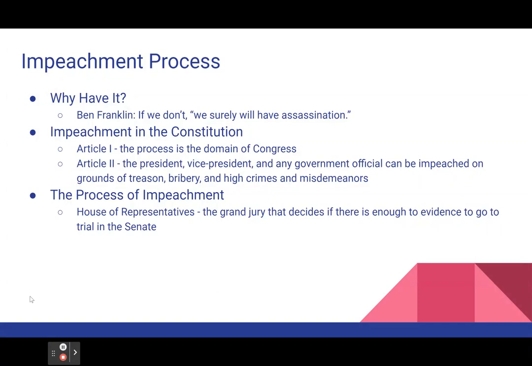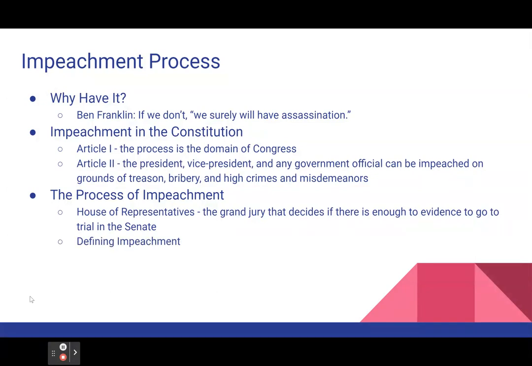And the grand jury, in this case, the House of Representatives, will decide if there is enough evidence for indictment. So they decide, okay, what's the evidence here? How do we decide? Is there enough? And the House of Representatives will actually vote on it. And all they need is a simple majority vote.